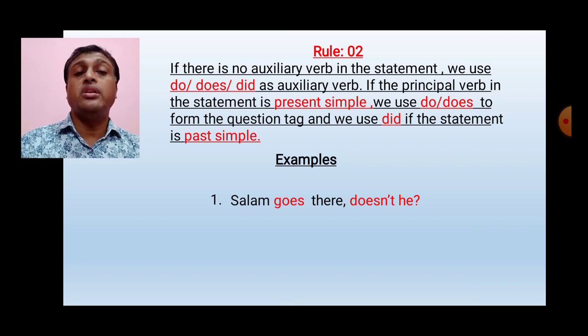So we will write do or does based on goes. As goes is present simple, we will write does. And this statement is a positive statement. So we will write not. Then we will write pronoun of subject. Here subject is salam. So the pronoun form of salam is he. So I have written the answer of this statement is doesn't he.